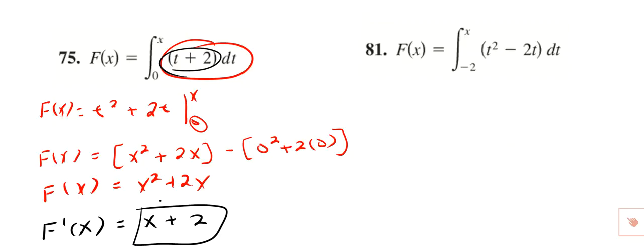So number 81 here, we have the antiderivative shown as capital F of x equal to t squared minus 2t dt being integrated from negative 2 to x. So it's still in that form.